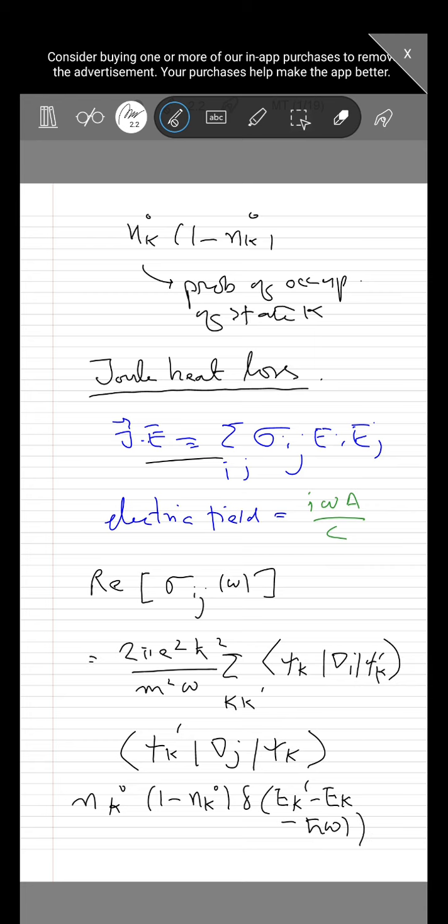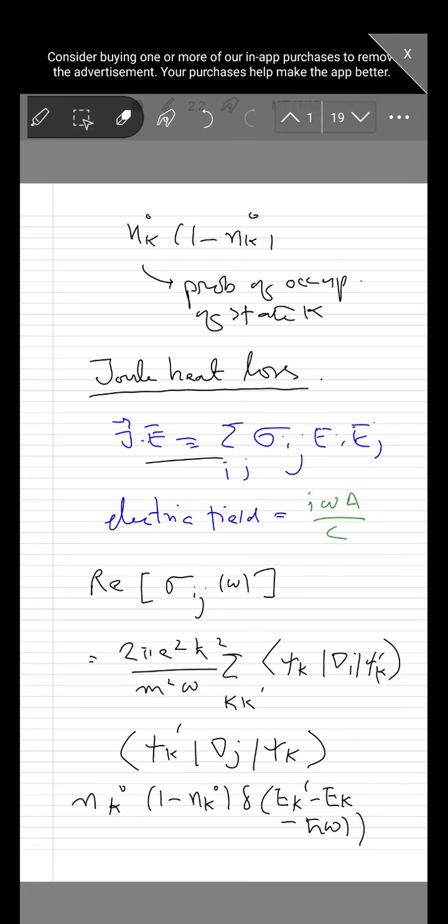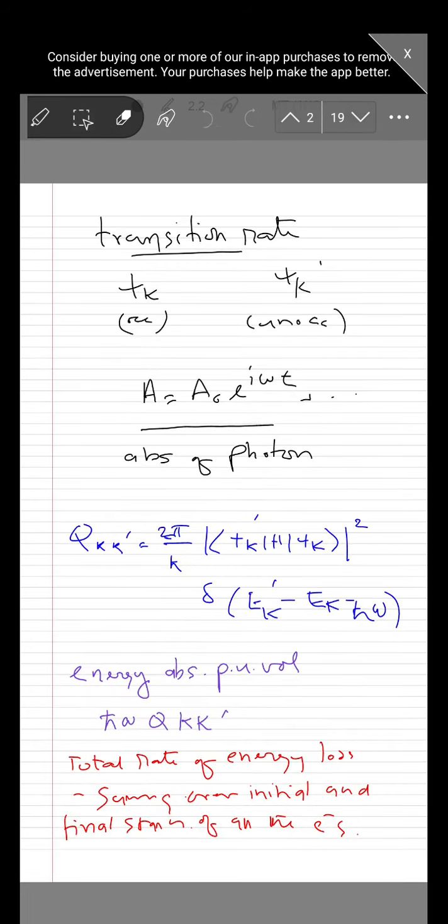So if you compare it with the previous expression, you can see that it is 2 pi by h cross.